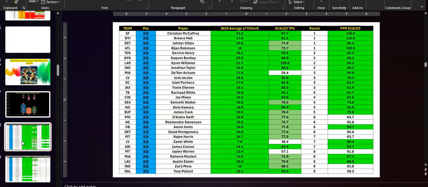So there is the price, right? The round that they're being drafted in. So I think this data puts it into context versus touches last year. Okay. So that's the idea that I generate this data.